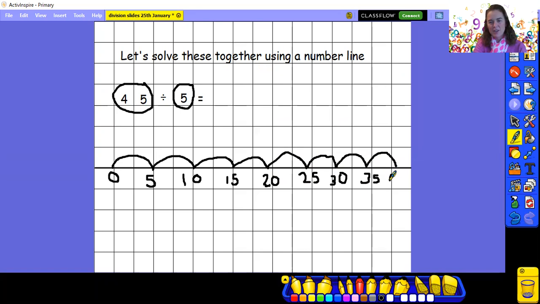I'm going to go off the page. That's okay. Just draw the line a bit longer. 45. So I've counted in 5s until I got to 45. How many lots of 5 go into 45? 1, 2, 3, 4, 5, 6, 7, 8, 9. So 45 divided by 5 equals 9.